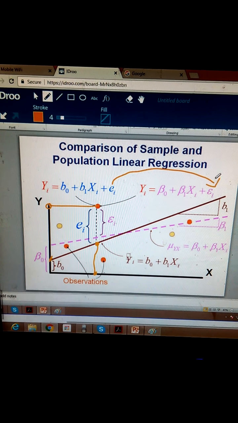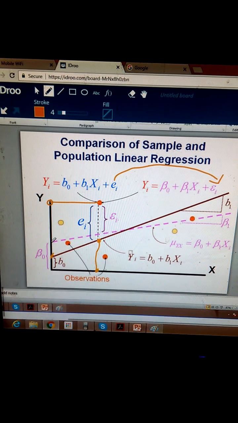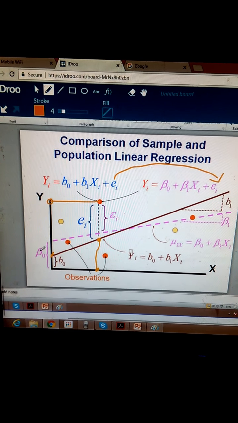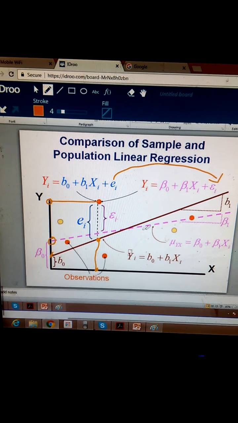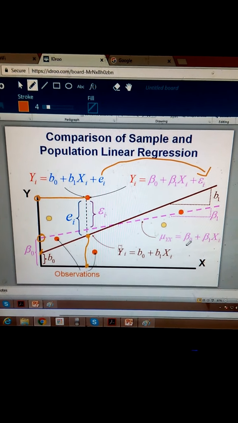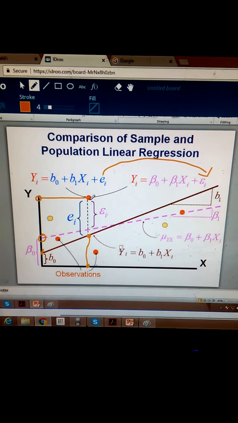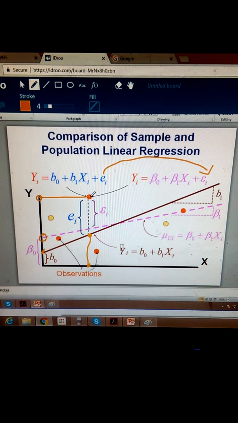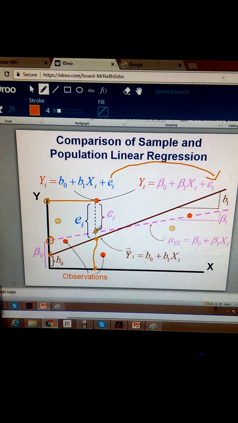Okay, that's it. So you can see here that this line is intersecting the y-axis at this point, beta naught. The slope of this line is represented by beta 1, and the error value you calculate from here: the observed value is over here and the estimated value is lying at this point.